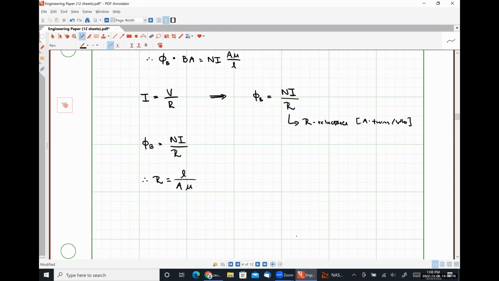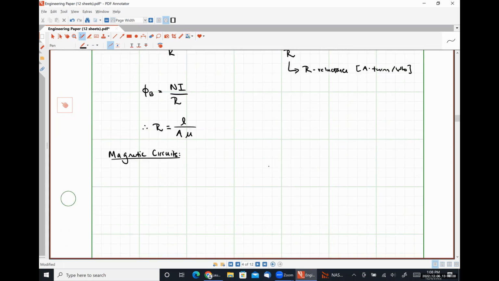So let's consider the following system. I'm going to have a core, like so.